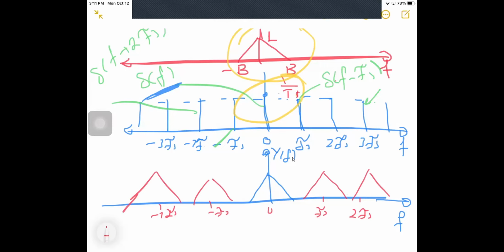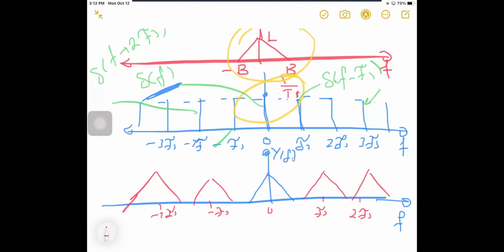Well, what can we conclude? Look, please. The signal y of f is the replicas of the original signal x of f. The centers of the replicas are at 0, fs, 2fs, 3fs, 4fs, and so on.